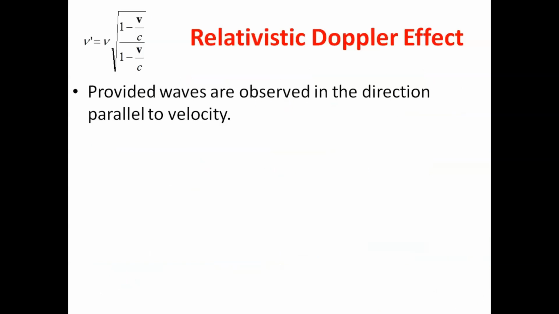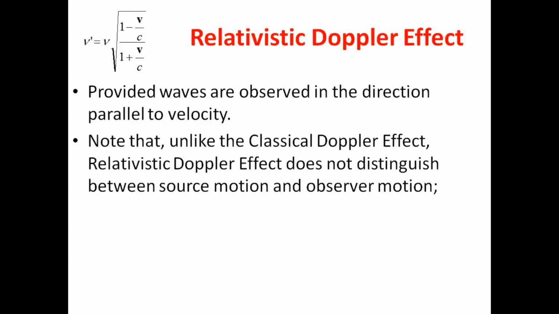Here in this formula we have already considered a couple of things which we need to understand clearly. Waves are observed in the direction parallel to velocity. So wave should be propagated in the direction of velocity between two frames, observer and source.